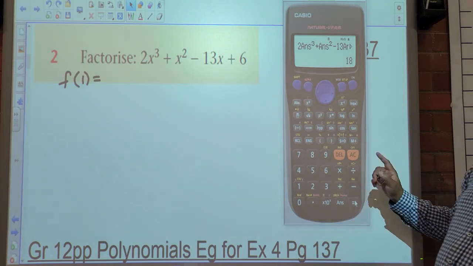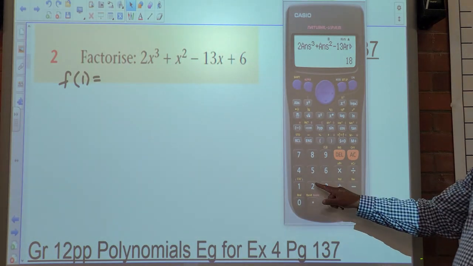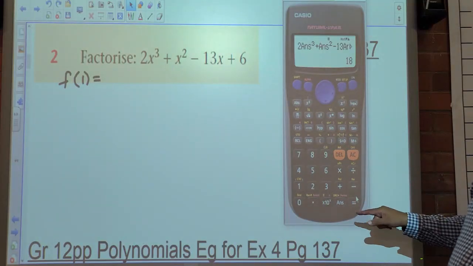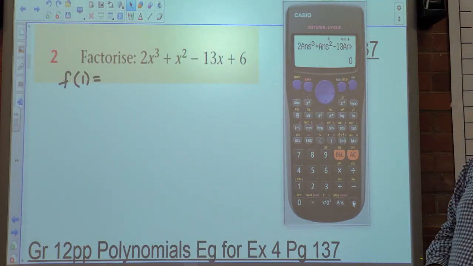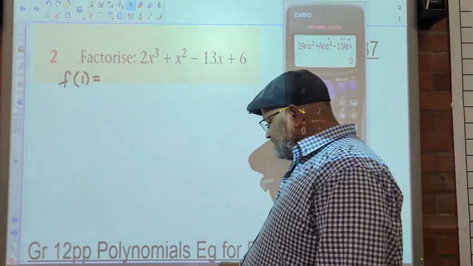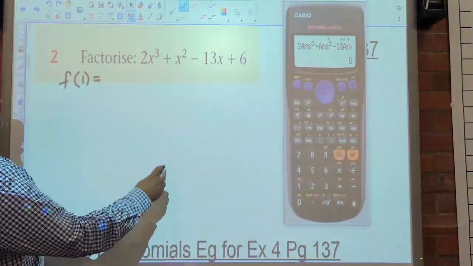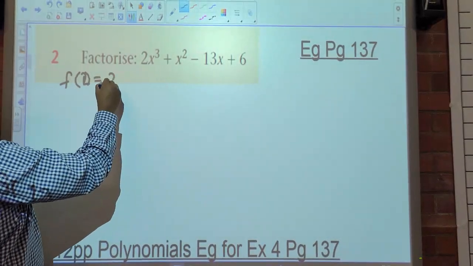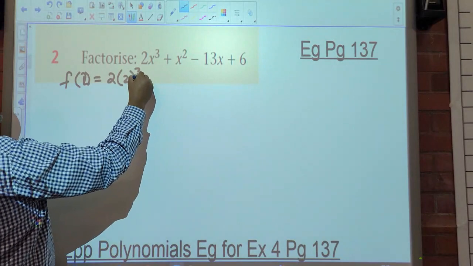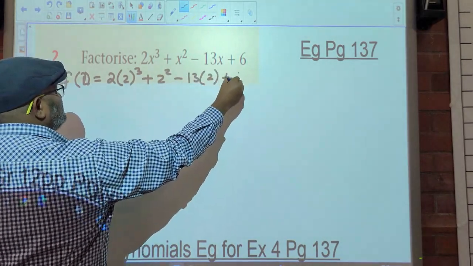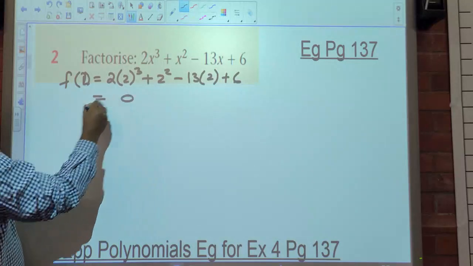No. So what do I do now? 2. Is 2 a solution? Yes. I substituted 2 into that equation, so it's 2 times 2 cubed plus 2 squared minus 13 times 2 plus 6, and that gave me an answer of 0.